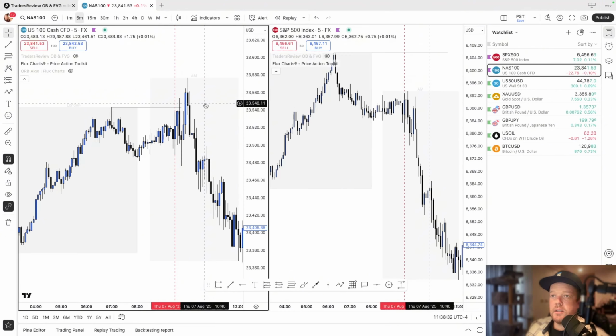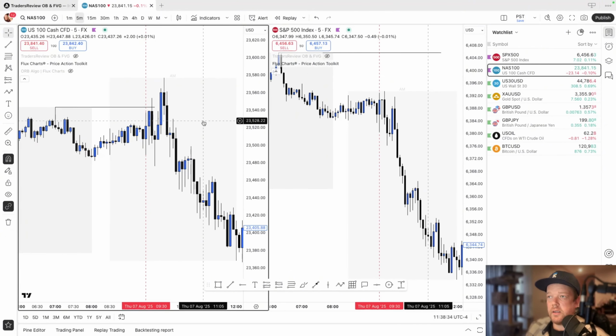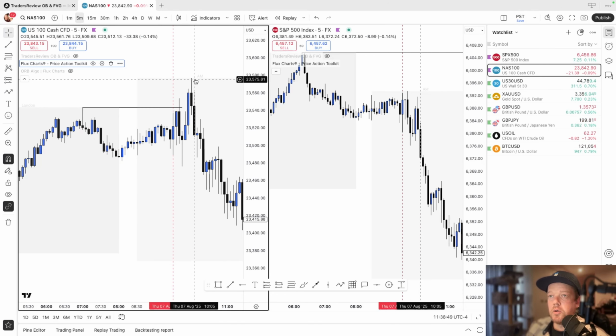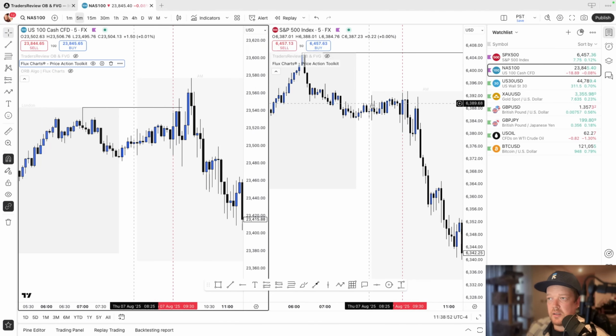Right, so here you can see on the 5-minute when New York opened on Nasdaq, we had initially a little push. We came down exactly here, a little bit of a push. We came down. Then we had this big move towards the upside.